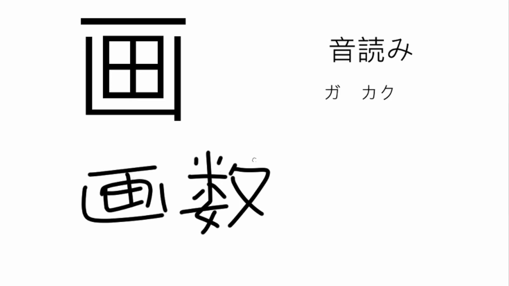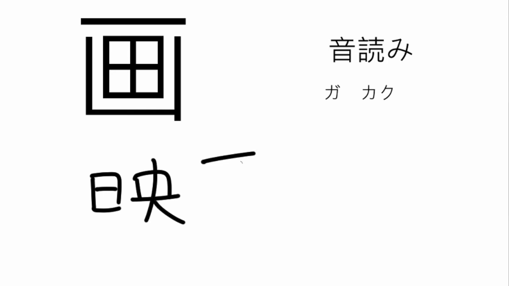Kakusu, or kakusuu, to count a number of strokes. That's it, on to the next one. Oh, and I almost forgot one of the main ones. Our sun reflecting off the TV. Eiga, movie. Cool. Now really on to the next one.